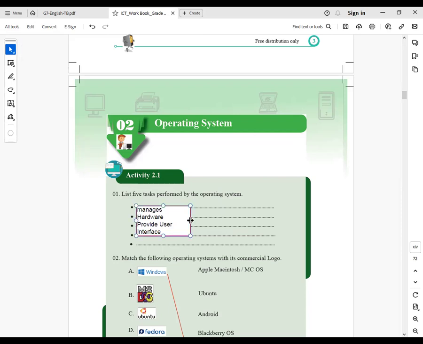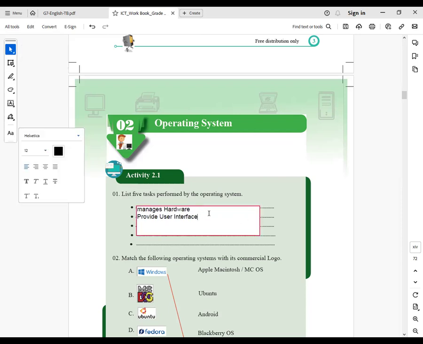Controls the functions of the CPU. Manage the computer memory efficiently.